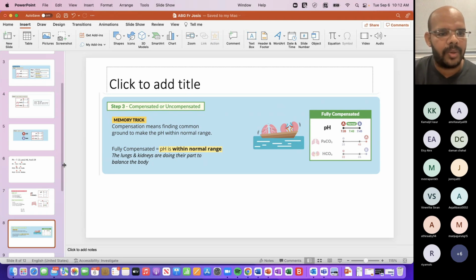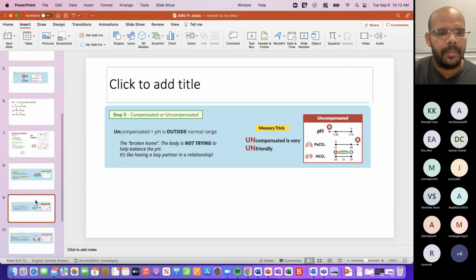Now let's see about uncompensated. Uncompensated means your kidney and your lungs are not doing anything. So what happened? The pH is outside the normal range.